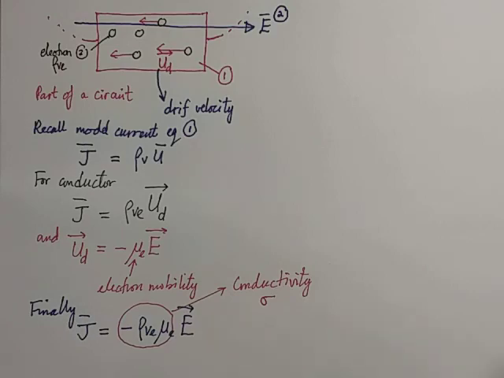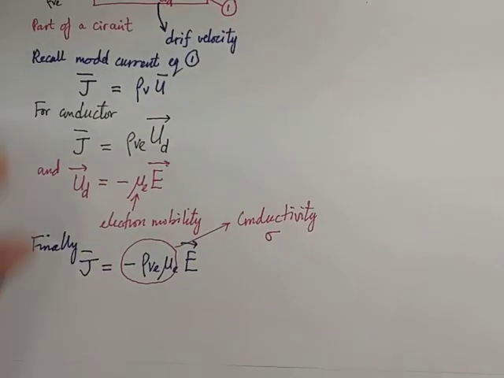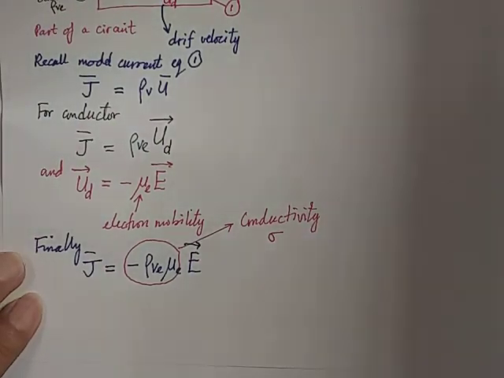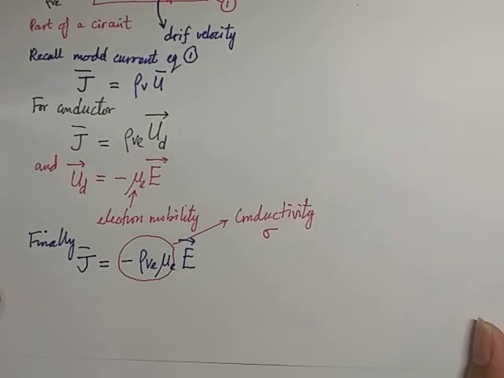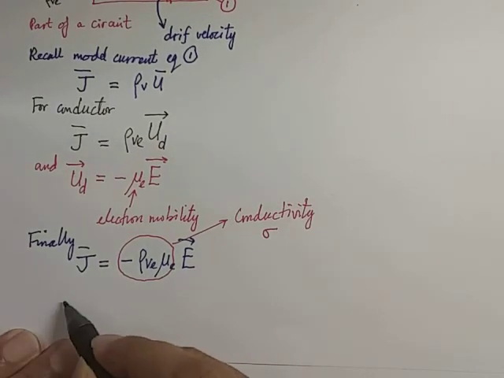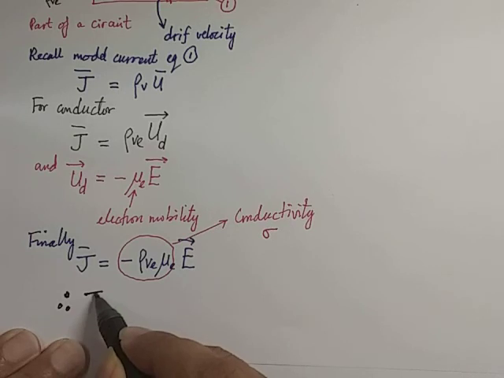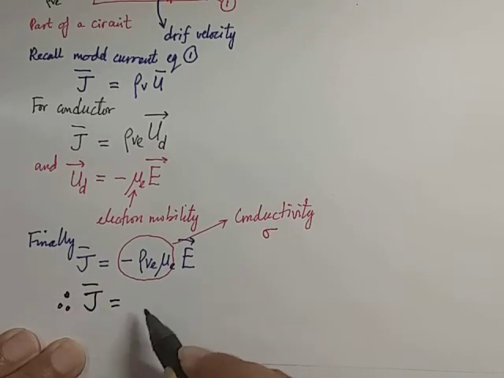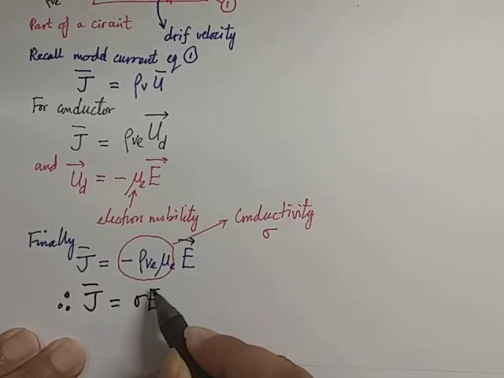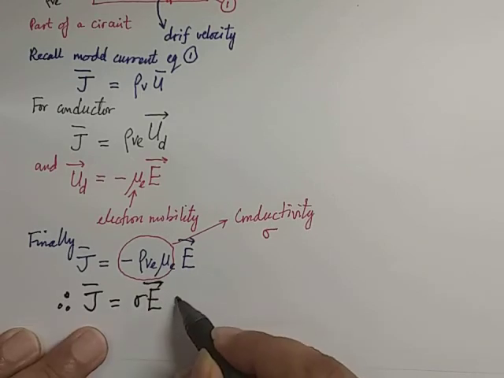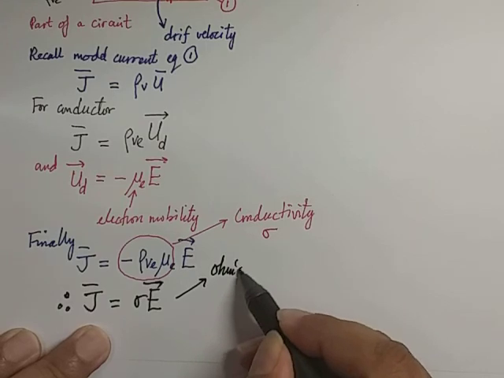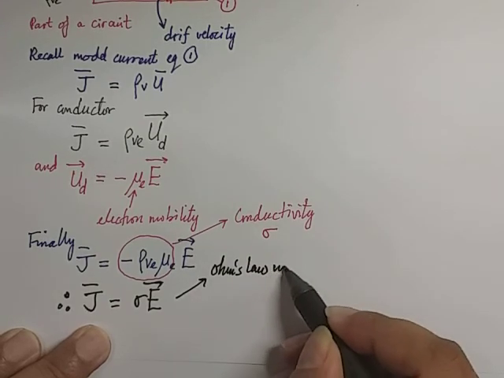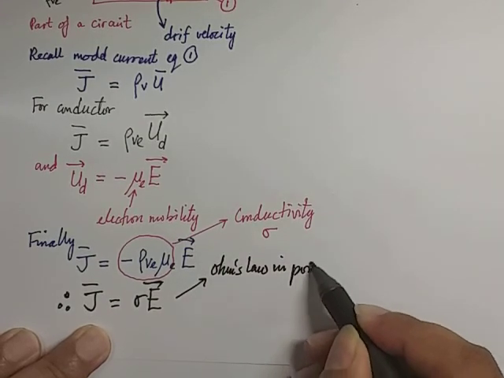The final equation that we are putting forward in this particular discussion is J equal to sigma E. The name given to this equation is Ohm's law in point form.